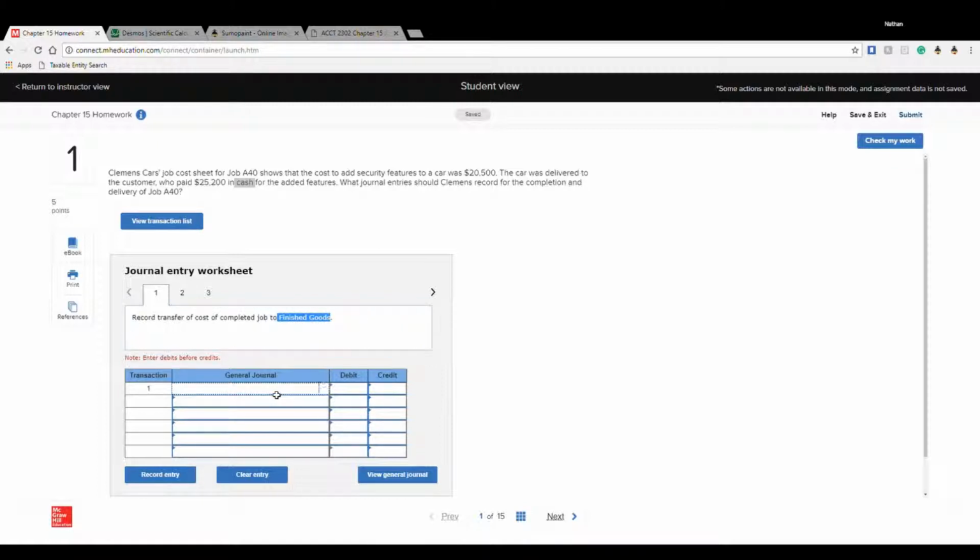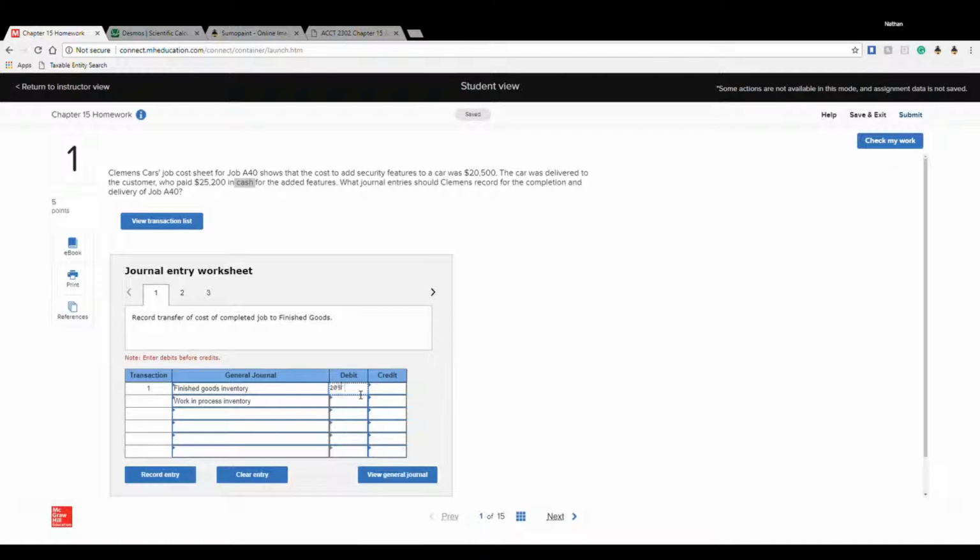So finished goods has to be my debit account. Where did it come from? We throw everything into work in process. So work in process is the next one, and it is just the amount of the cost.